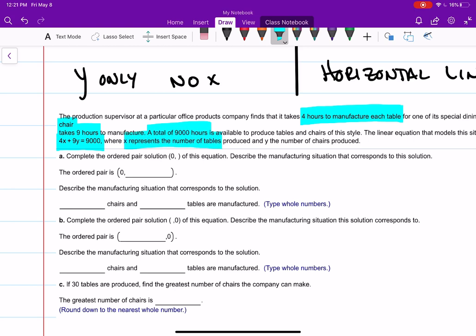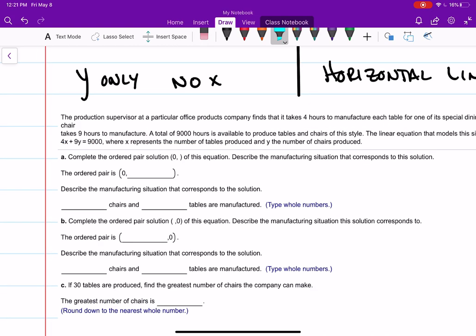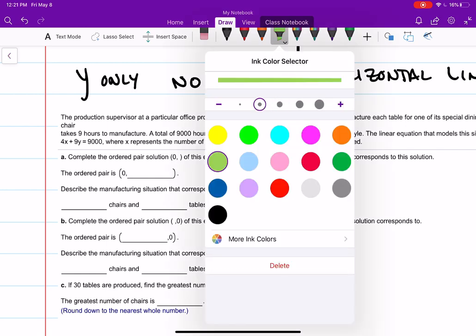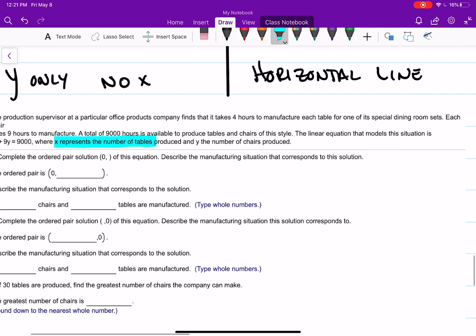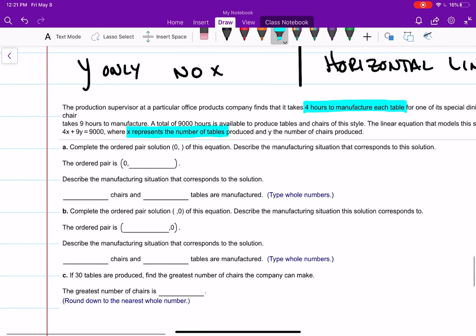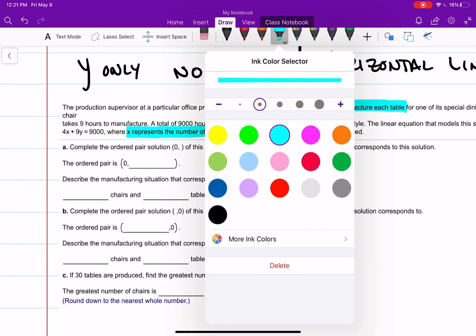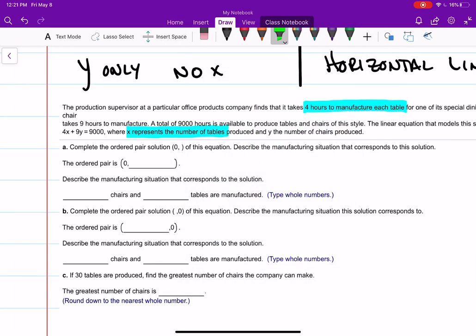Actually, let's do this better. X represents the number of tables, so x for tables, and a table takes 4 hours. Then I want to use green for chairs.